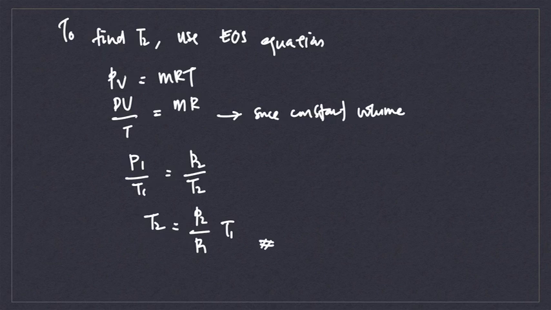From PV equals mRT, rearranging the formula, we get PV over T equal to mR. Since the volume is constant, the formula remains P1 over T1 equal to P2 over T2. So you can get T2 equal to P2 over P1 multiplied by T1.